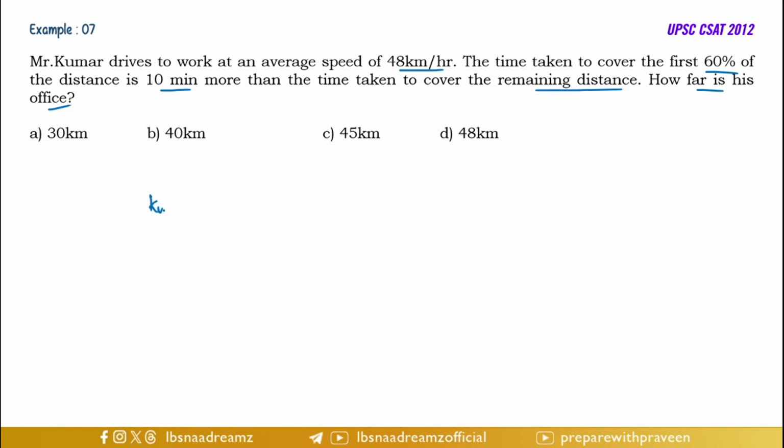So let us take Kumar takes t minutes to cover 40% of the distance. Then he takes t plus 10 minutes to cover the remaining 60% of the distance.